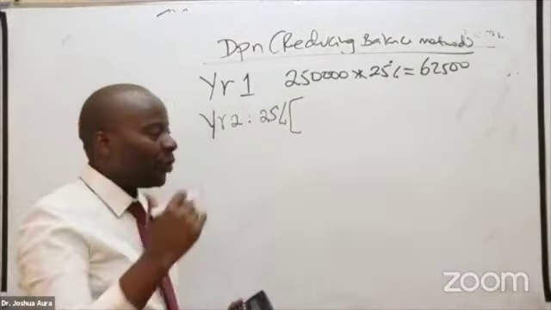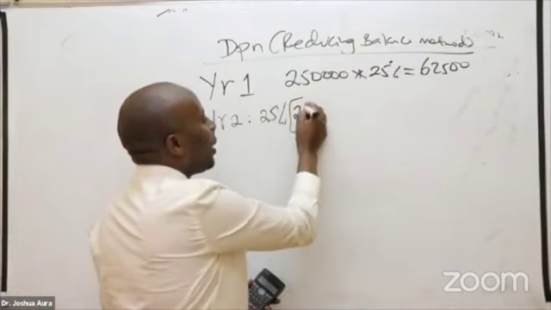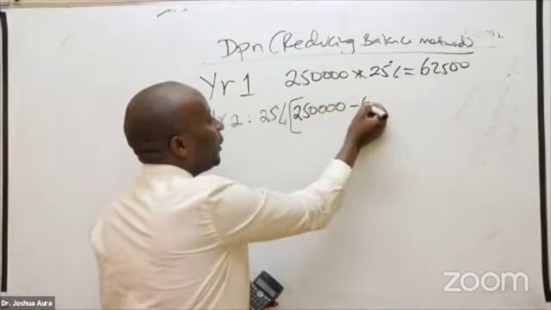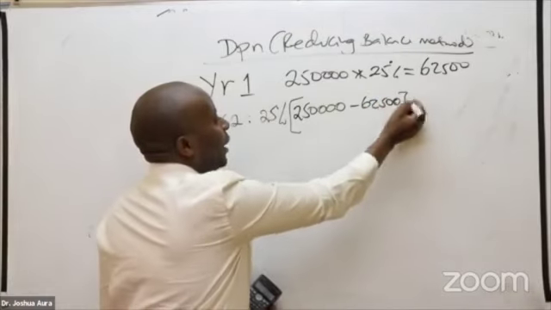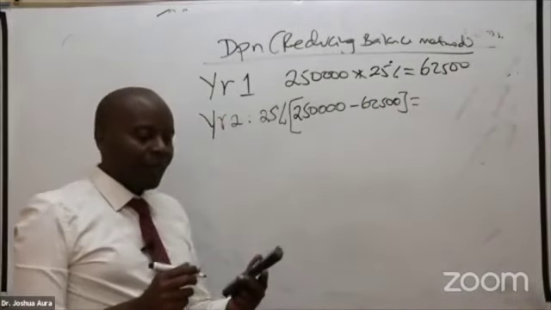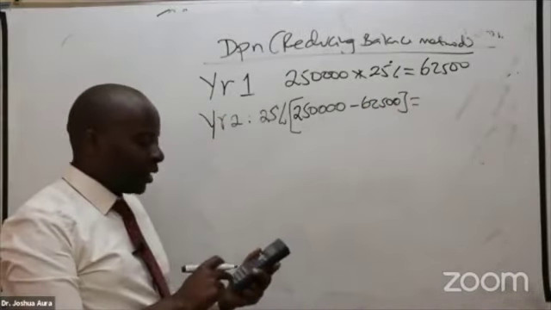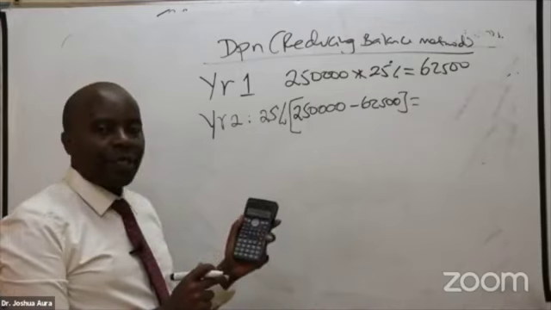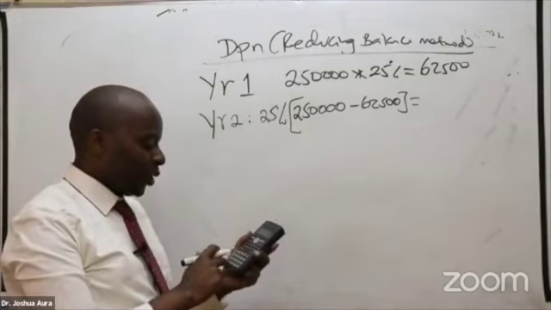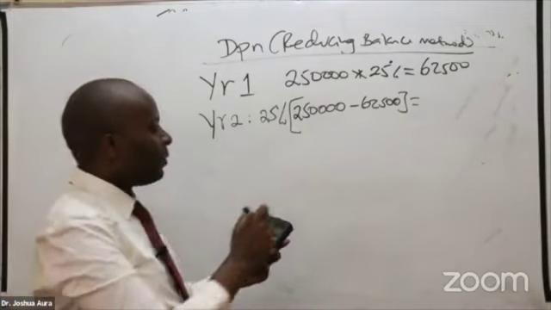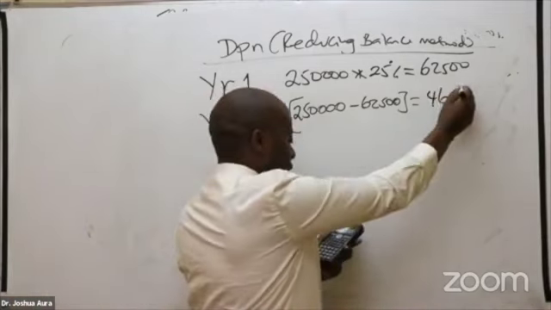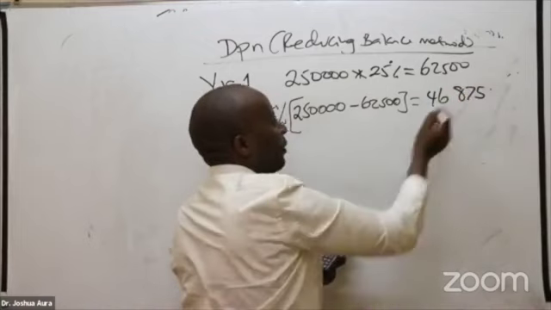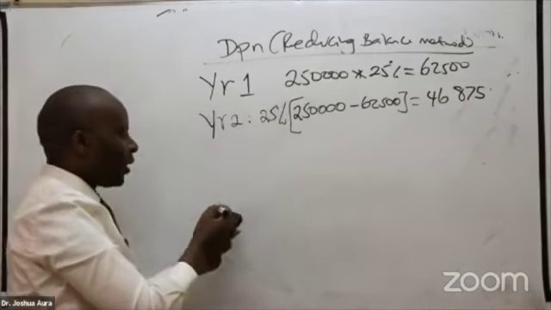So the written down value here will be 250,000 minus 62,500, which gives us 187,500. Then I apply the rate of depreciation there, which gives me 46,875.